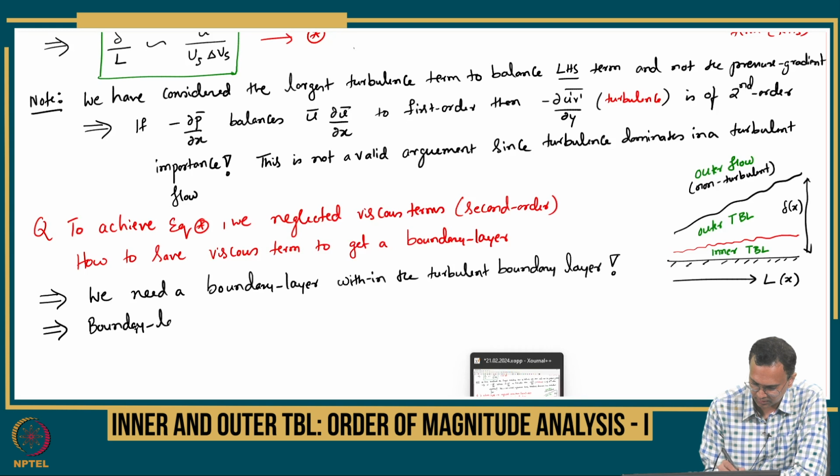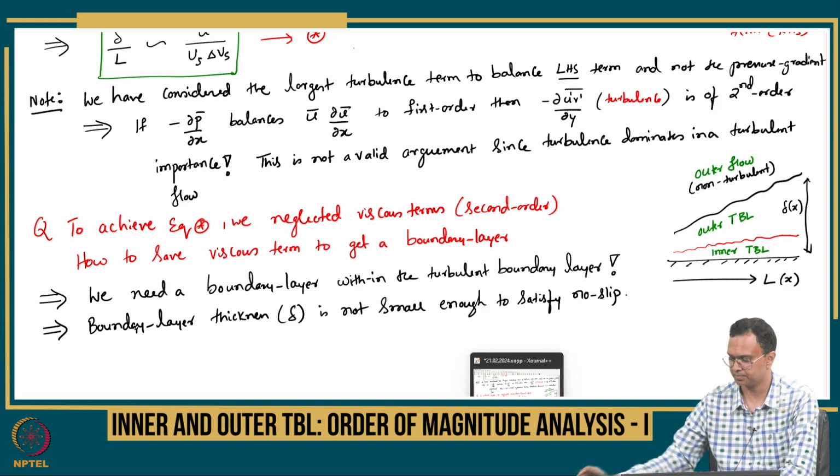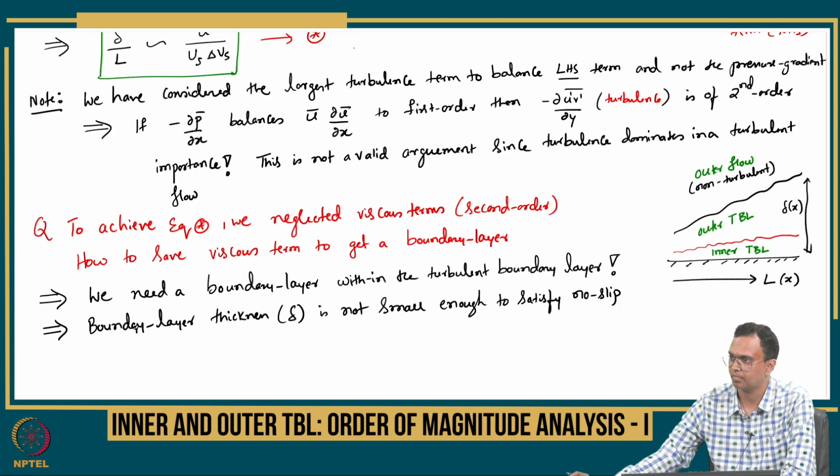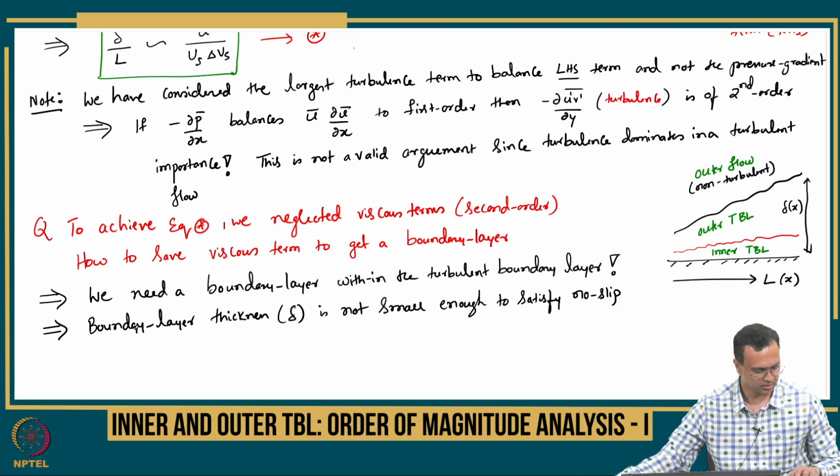The boundary layer thickness delta is not small enough to satisfy no slip for us. So we need to search for another scale so that at least one viscous term survives in our order of magnitude estimates. Any questions on this so far?